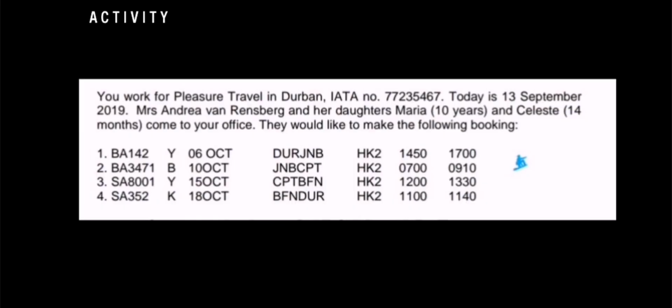You work for Pleasure Travel in Durban, IATA number 77235467. Today is 13 September 2019. Mrs. Andrea van Rensburg and her daughters, Mia, who is 10 years old, and Celeste, who is 14 months old, come to your office. They would like to make the following booking.